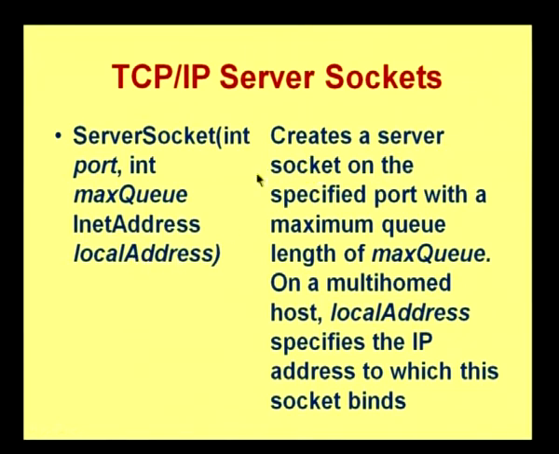This creates a server socket on a specified port with a maximum queue length on a multi-homed host. The local address specifies the IP address to which the socket binds. So you can even have a multi-homed host facility with respect to your server socket. This is what is specified by this particular type of constructor.